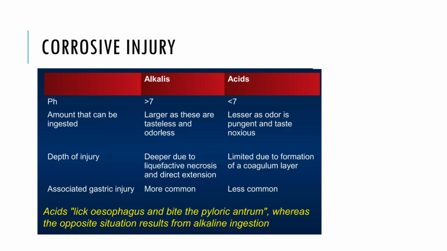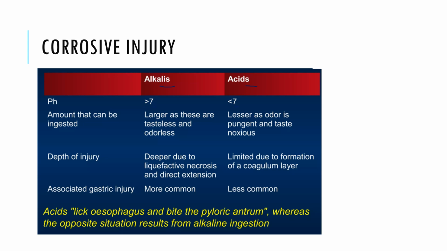Coming to esophageal corrosive injury, it can be due to accidental or purposeful ingestion of caustic chemicals. It can be mainly by alkali or acid. Usually in India, we have acid, or it can be due to alkali also. Alkali means pH is more than 7, acid means pH is less than 7.